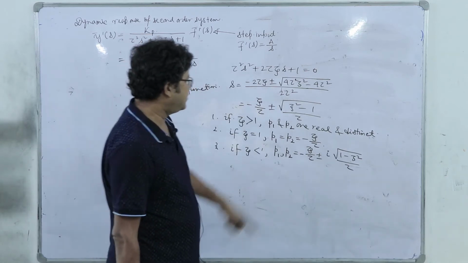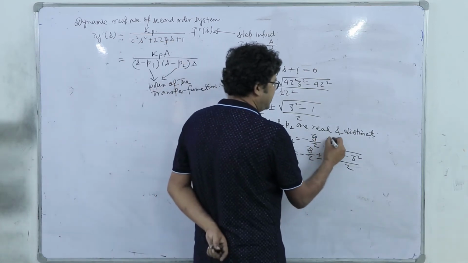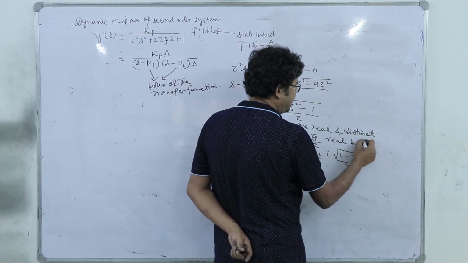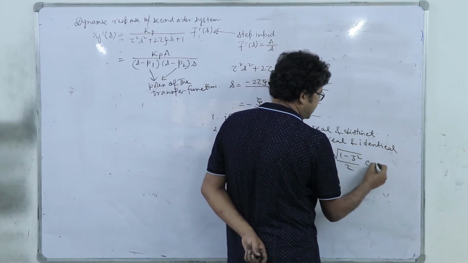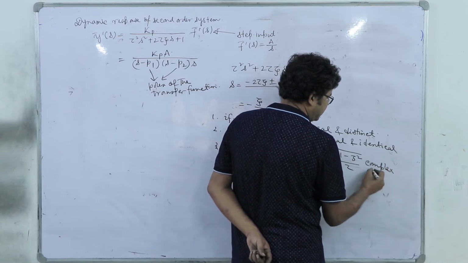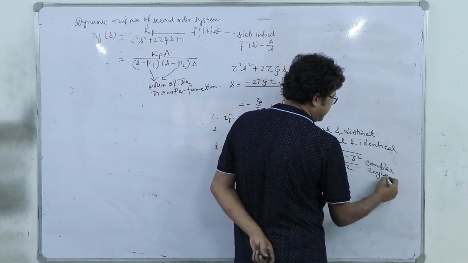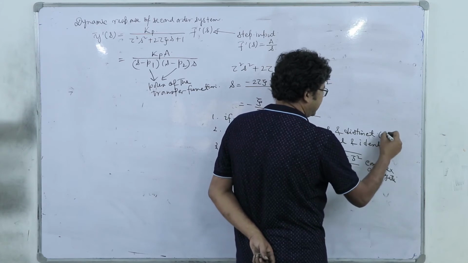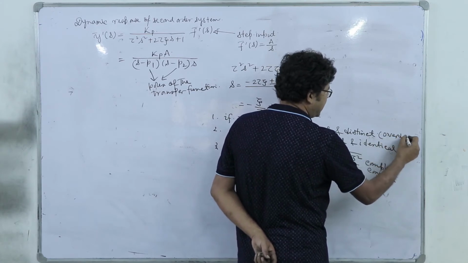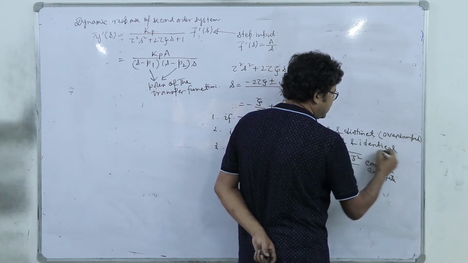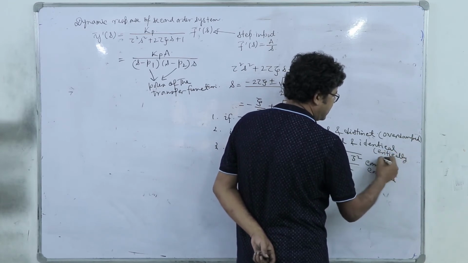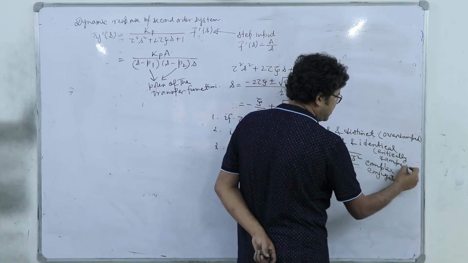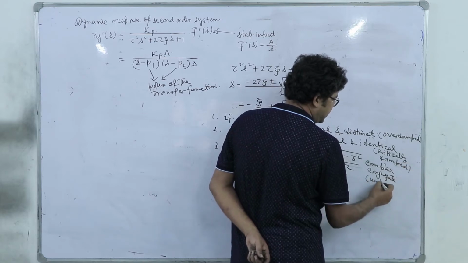So P1 and P2 here are real and identical, and here they will be complex conjugate. So this is overdamped according to our definition. This is critically damped. And this is underdamped.